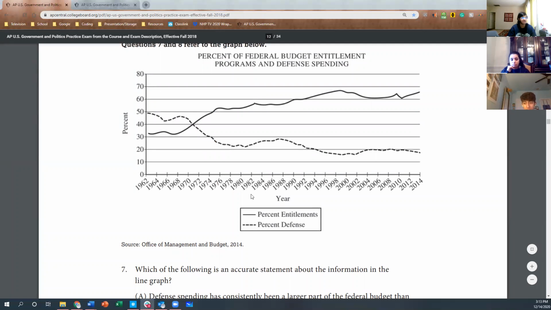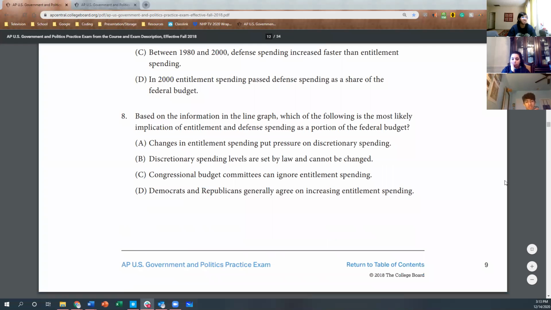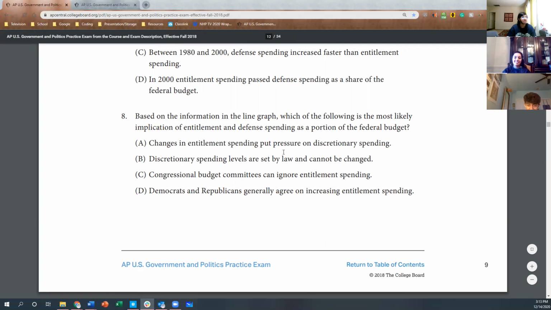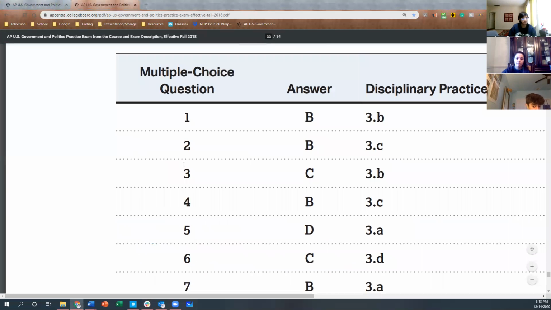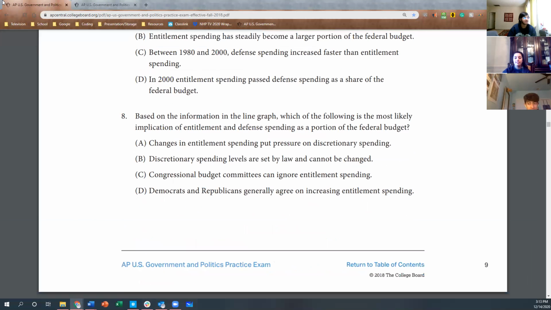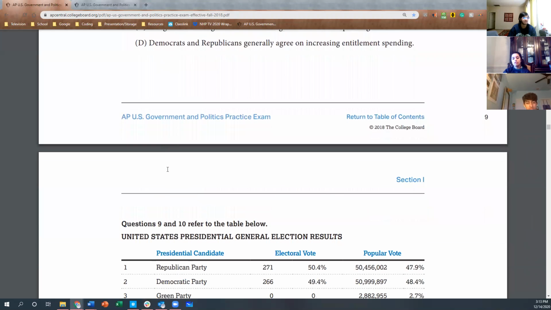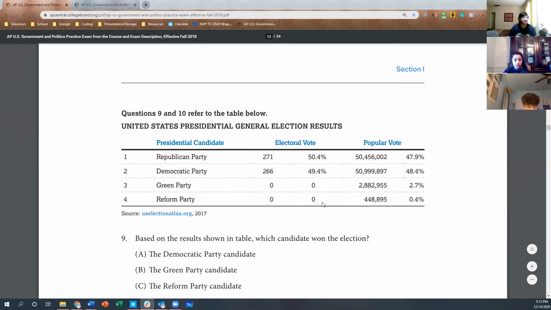It's either A or D. I think they both agree on entitlement spending, but I think the better answer is A. I think both parties have some support when it comes to things like Social Security.